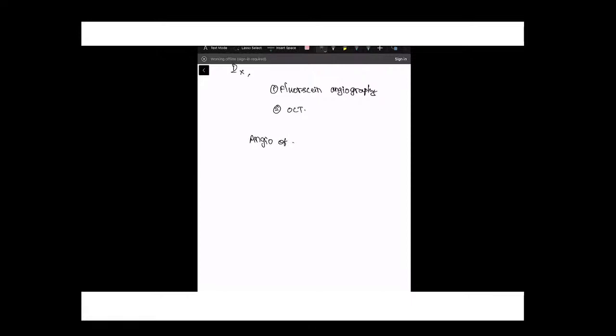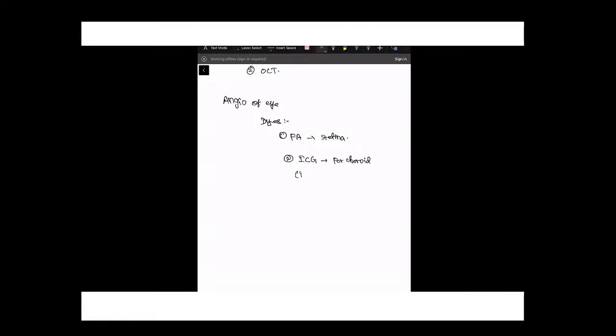In angiography of the eye, dyes are used. Fluorescein angiography is used for the retina, and ICG for the choroid. ICG is indocyanine green.